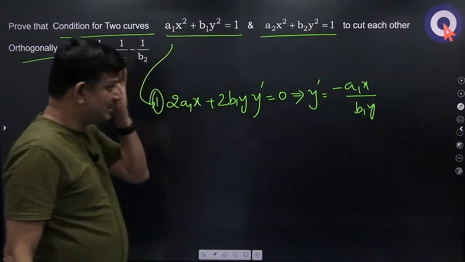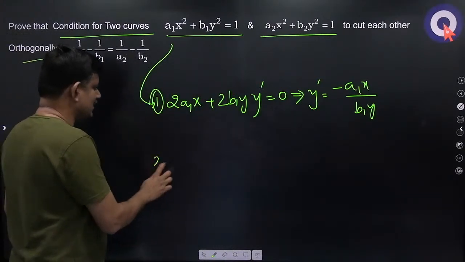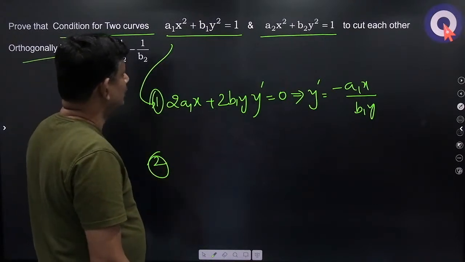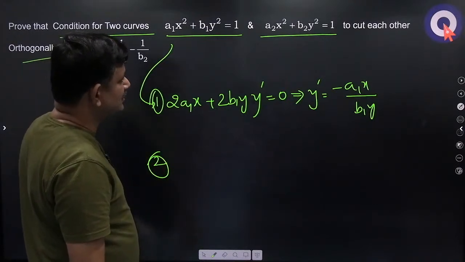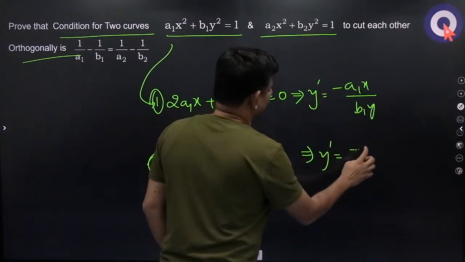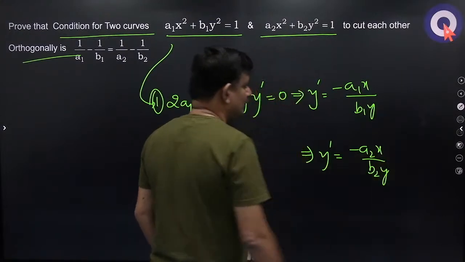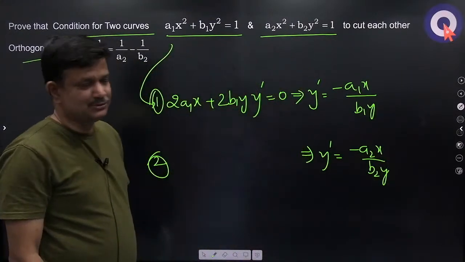Minus a1x divided by b1y will be your y dash for the first curve. That's for the second curve, same thing, a1 is replaced by a2 and b1 by b2, so minus a2x by b2y. You know, the product of these two slopes is minus 1.